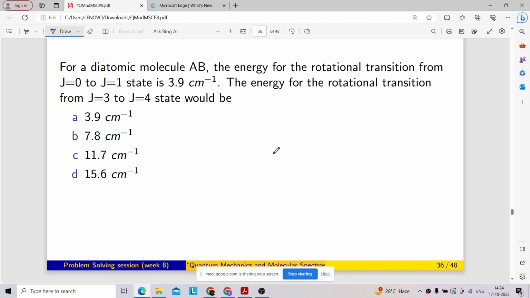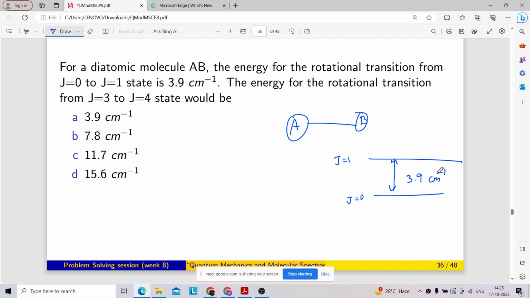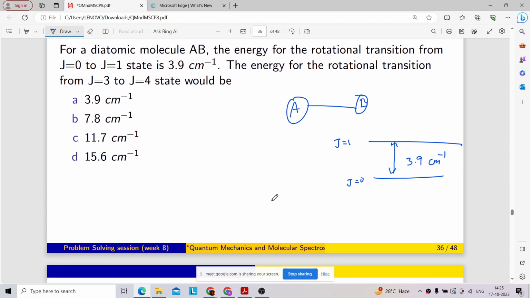Okay, there is a molecule AB, and the rotational transition from J equal to 0 to J equal to 1 is given to be 3.9 centimeter inverse. So in terms of wave number, this energy is 3.9 centimeter inverse.